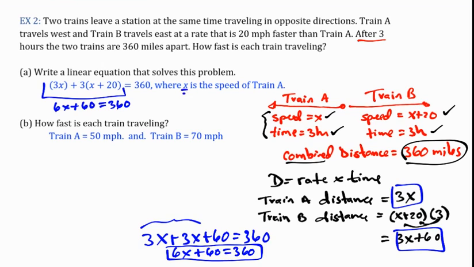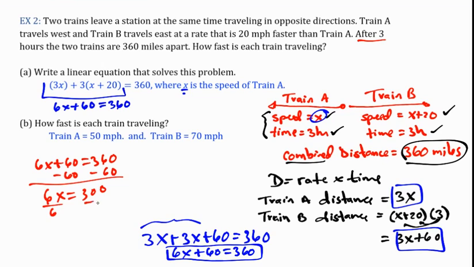And x represents the speed of train A, as is outlined here in our notes. So now you can solve this equation. Our goal is to get x isolated, so we'll subtract the constant from both sides. 6x is equal to 300.